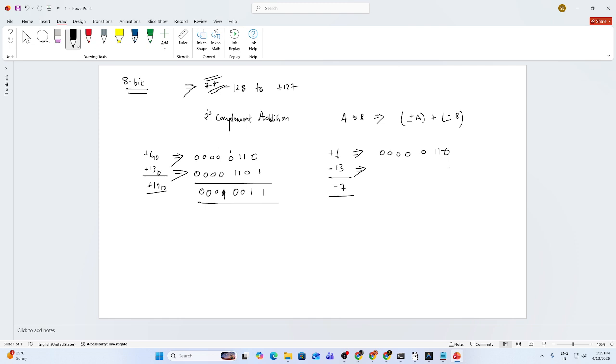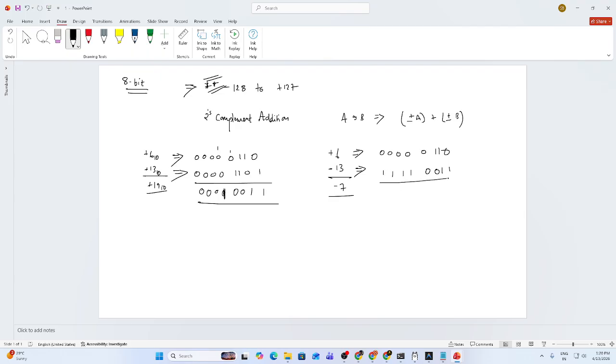How to take the 2's complement? Write the digits as they are until the first non-zero digit, then start complementing. Directly you can do this, so 1111 0011.